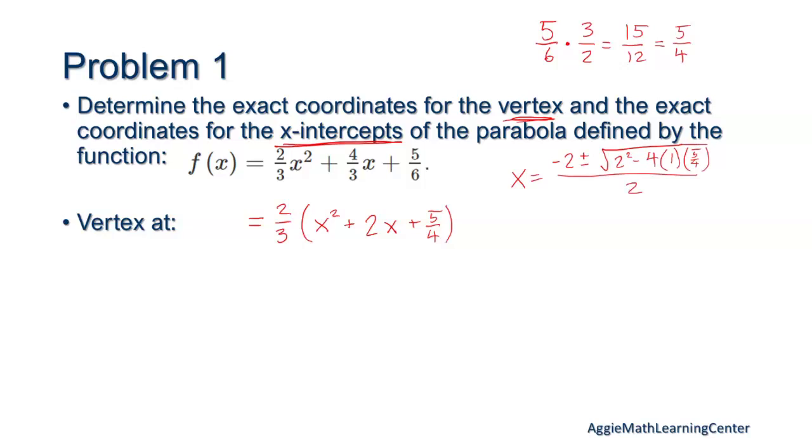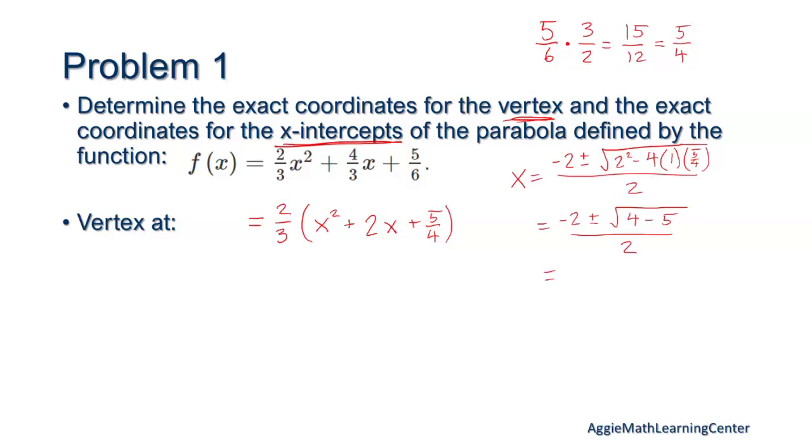That inside the square root can reduce to 4 minus, and then 4 times 5/4 is just going to be 5 because those 4's cancel out. So it'd be 4 minus 5 over 2.